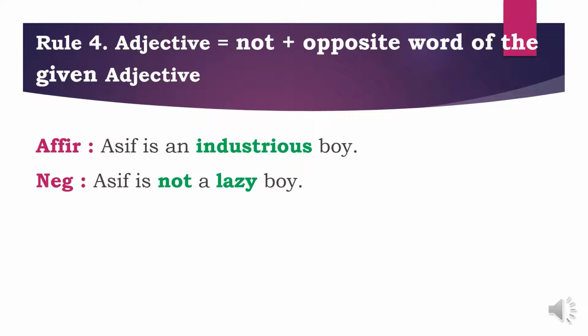According to the structure, we have to use an opposite word of the given adjective, and we know the opposite word of industrious is lazy, so we have used lazy, but before that we have used not. That's why the complete sentence becomes Asif is not a lazy boy.